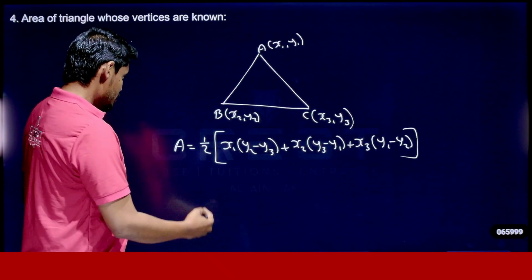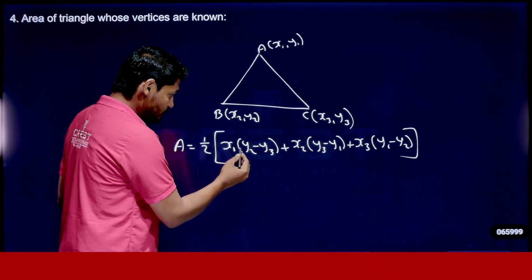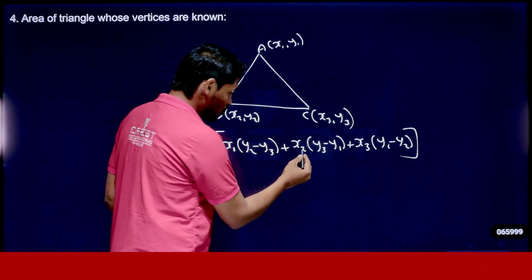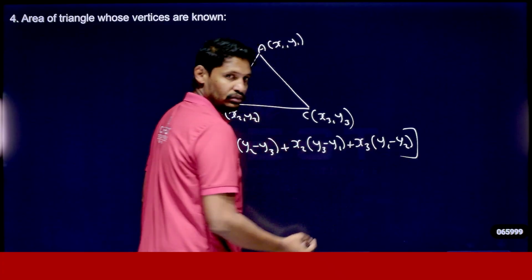And it is very easy to remember. You can look at the order 1, 2, 3. Then again starting from x2 we have 2, 3, 1. Then from 3, again 1, 2.